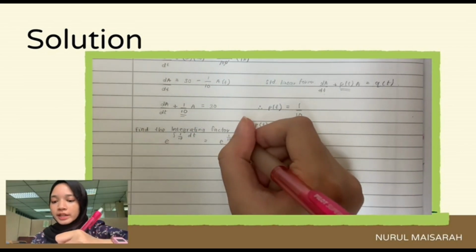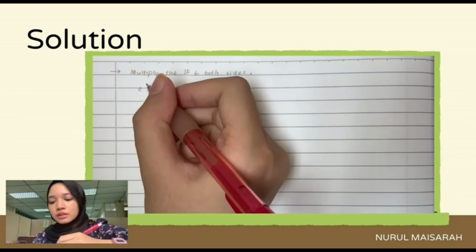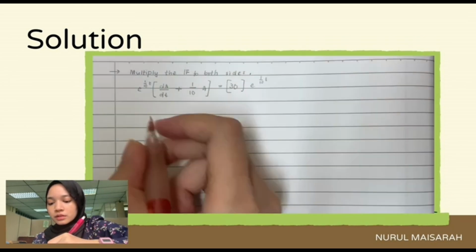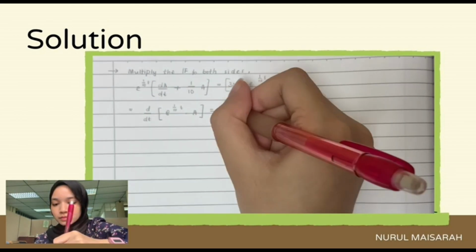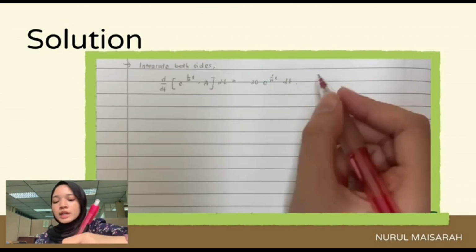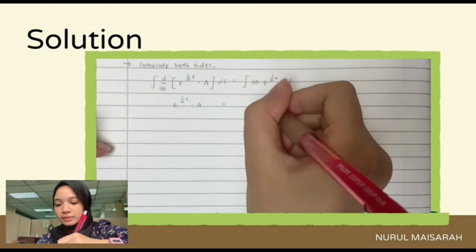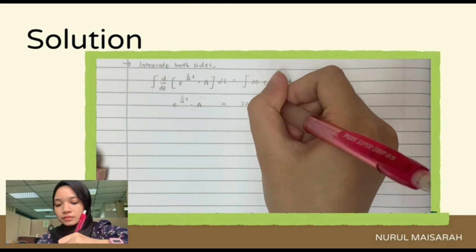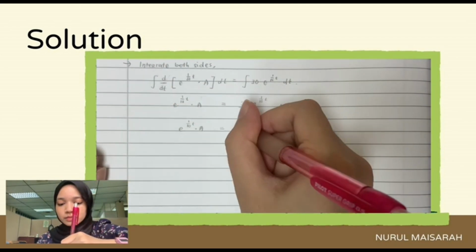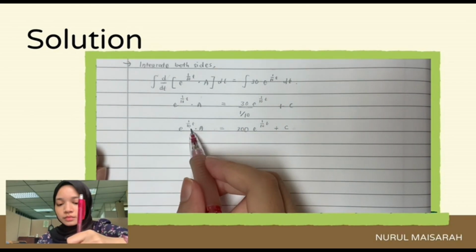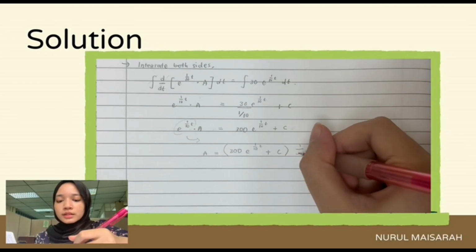Now that we have the integrating factor, we have to multiply it to both sides. The next step is we have to integrate both sides of the equation and simplify it.